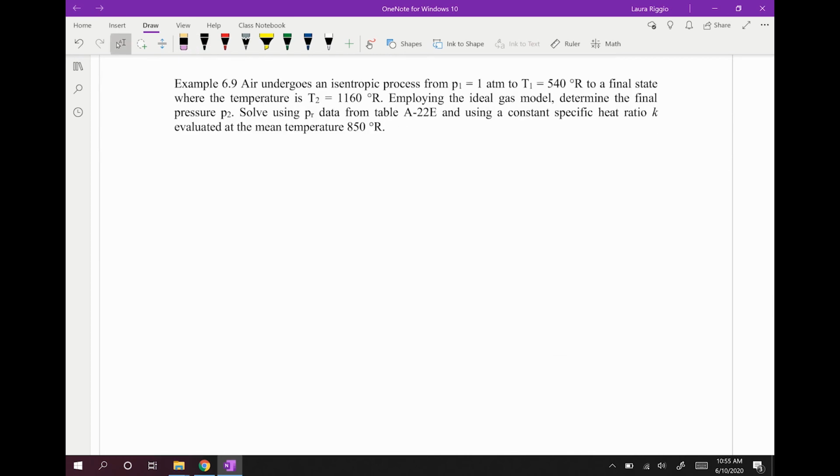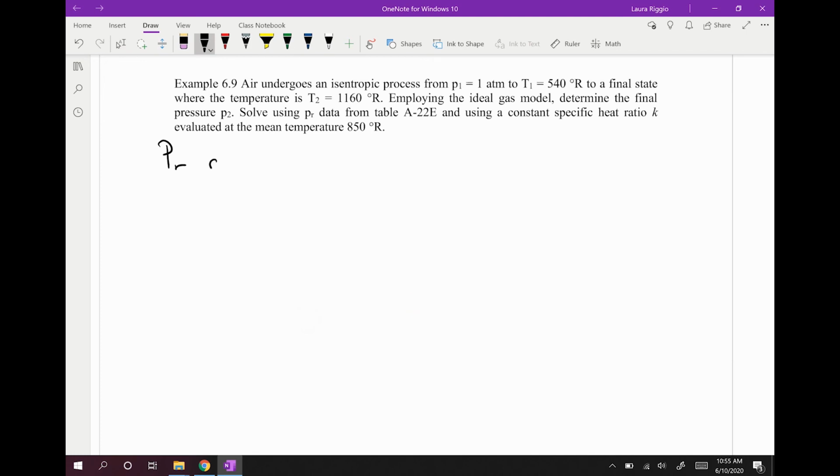Let's look at an example. We have air undergoing an isentropic process from 1 atm and 540 degrees Rankine to a final state where the temperature is 1160 degrees Rankine. Employing the ideal gas model, we want to determine the final pressure. We're going to solve this problem using the P_r data and using a constant specific heat ratio that's evaluated at 850 degrees Rankine.